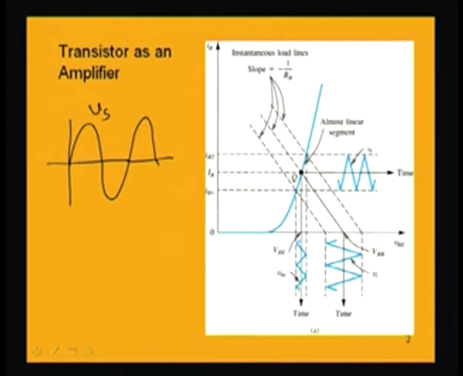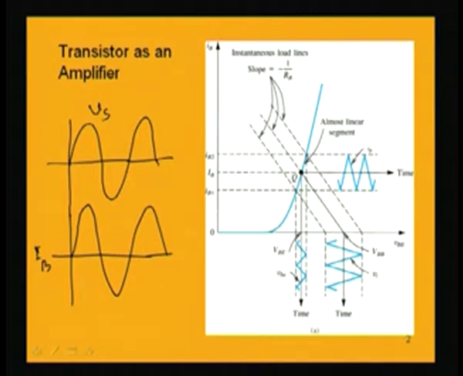The peak positive and peak negative values of the signal will be large, so the maximum and minimum values of the biasing current in the transistor will also be high. Suppose this is IB2, this is IB1.